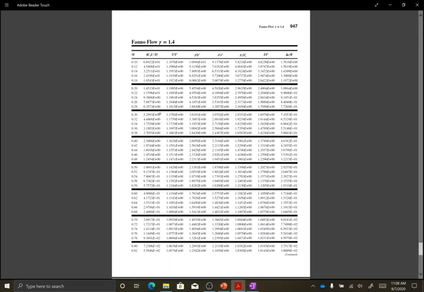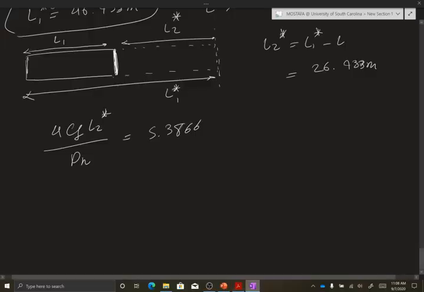So between this and this, right? But we are going to assume that 4CF L star over D is 5.299. So your exit Mach number is roughly going to be 0.3.